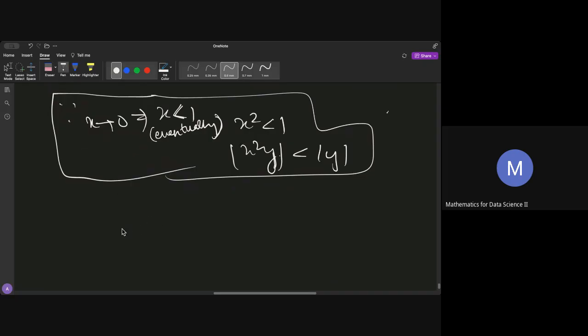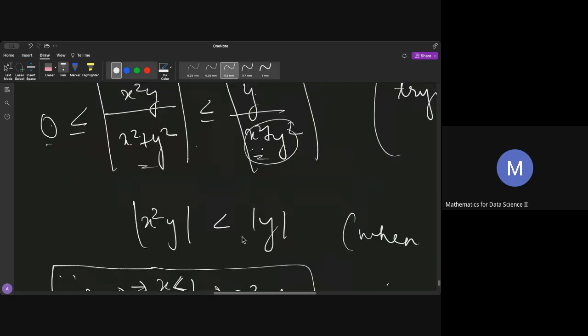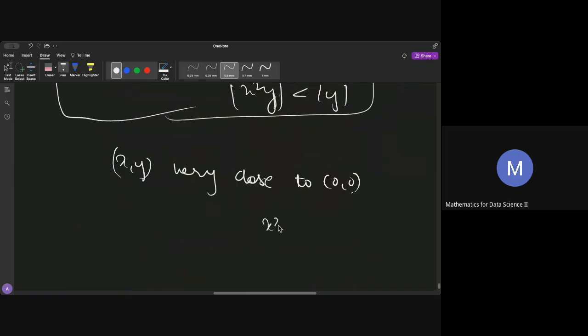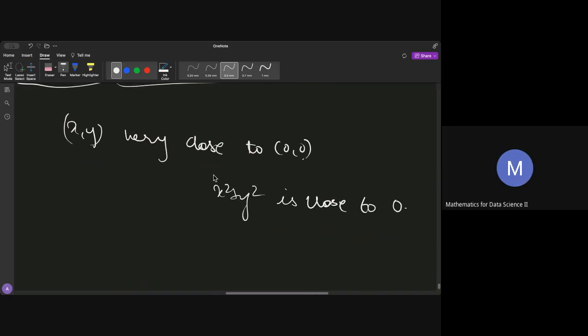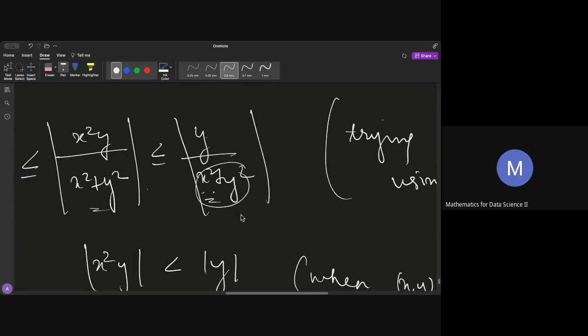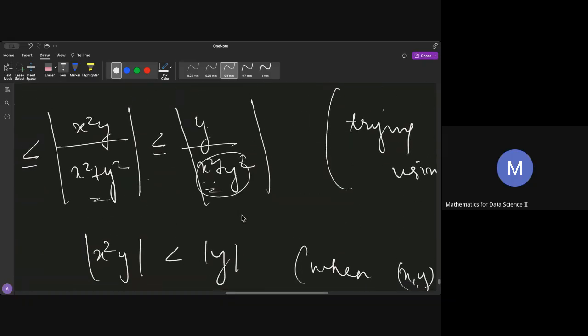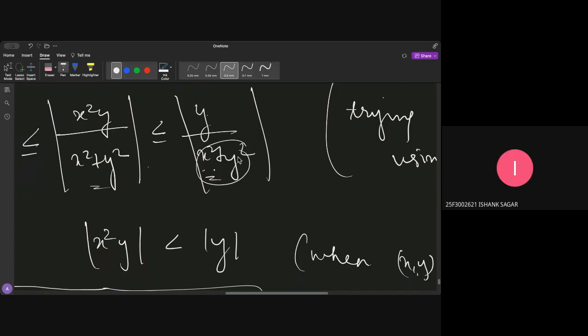If x and y are very close to 0, 0, that means x squared plus y squared is close to 0, right? So that means this value is very small. So I can simply replace this. If I replace this with a larger value, then this will become smaller, right?